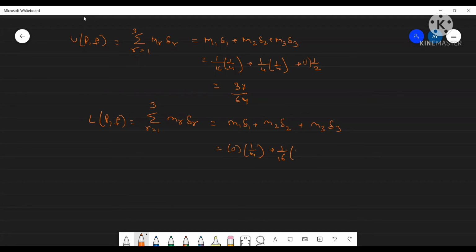What is delta 2? 1 by 4. And then small m3 is 1 by 4 into delta 3, which is 1 by 2. So if you calculate, somewhere around 9 by 64 is the value you are going to get. Okay, this is what you have to find, LPF and UPF.